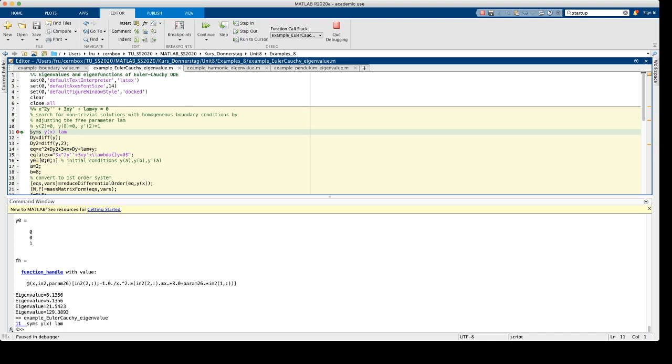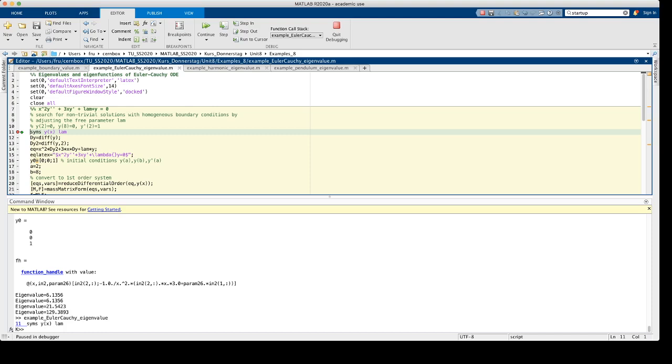Since there is a free parameter, we need one more boundary condition to fix the solution, and I've chosen the boundary condition indicated in line 10. So the function value is 0 at both ends of the interval, which runs from 2 to 8, as in the previous video. And in addition, I want the slope at 2 to be equal to 1.